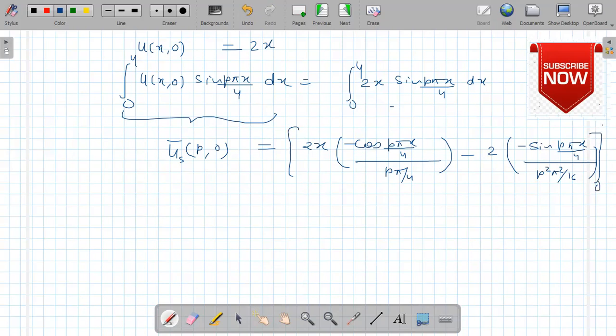Apply the limit. So we have 8x over p pi cos p pi x over 4 plus 32 over p square pi square sine p pi x over 4.